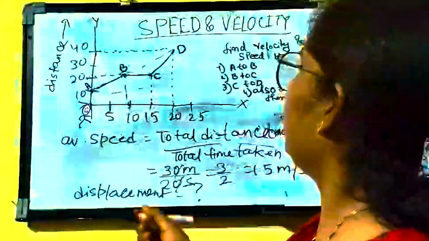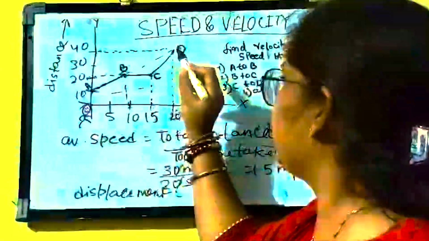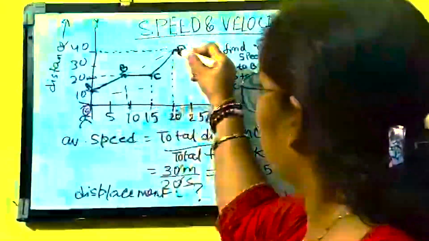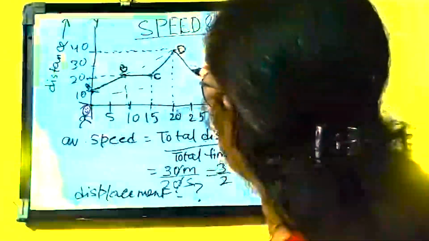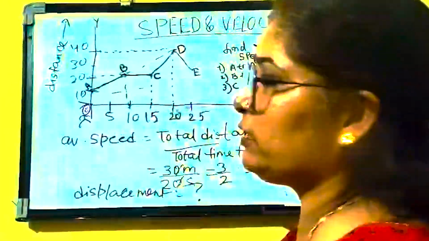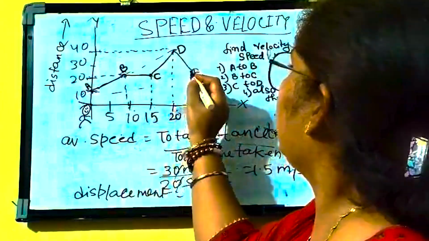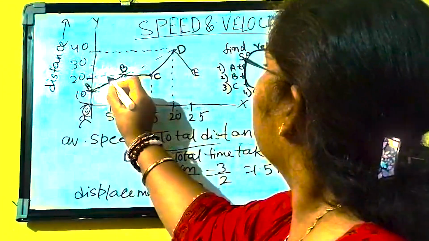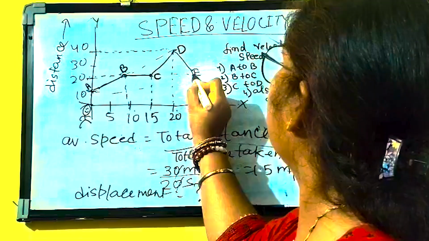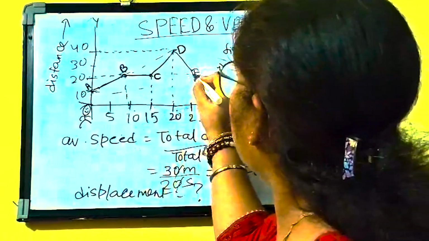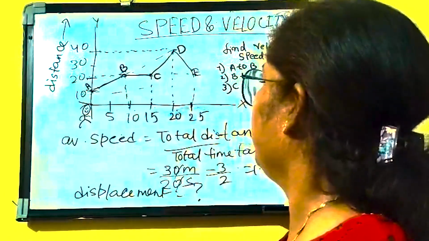Now if we change the distance to position E, see, this is the E position. E is at 20 and the time interval is 25.